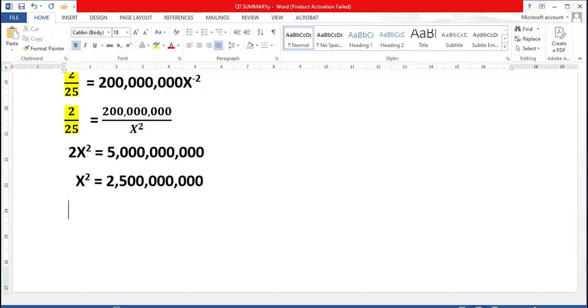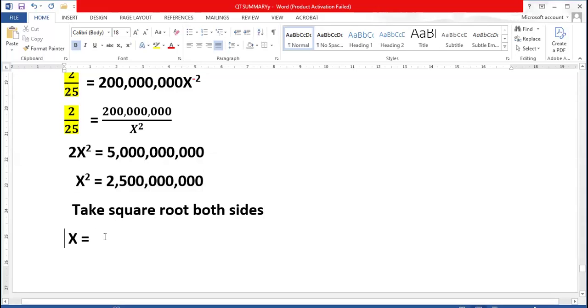So when you take the square root, it will be minus or plus. Of course, you will not go with negative. Square root of this, what do you get? 50,000. So your x is 50,000.